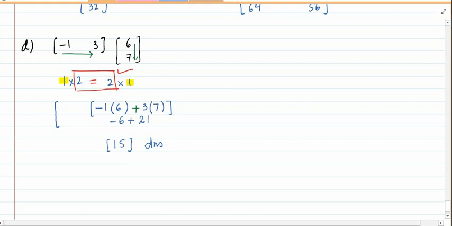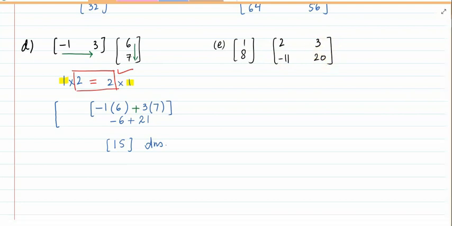After part D, moving towards the next part, that is part E. The question says 1, 8, 2, 3, minus 11 and 20. First step, check whether we can multiply it or not.